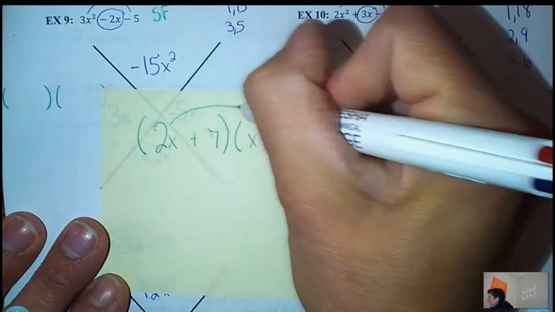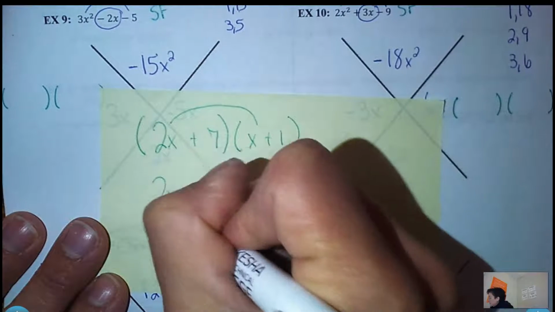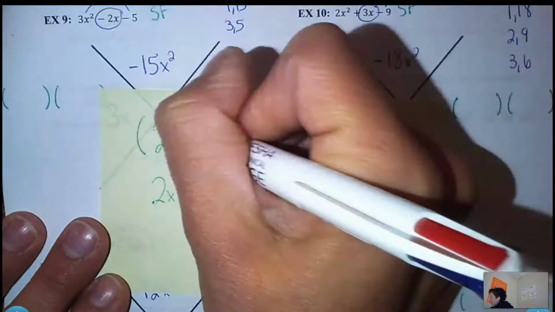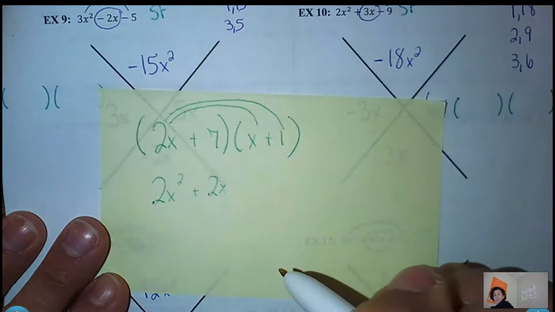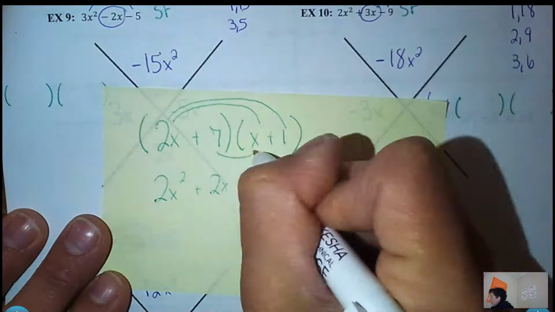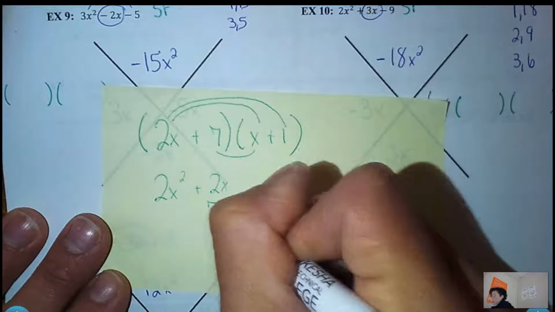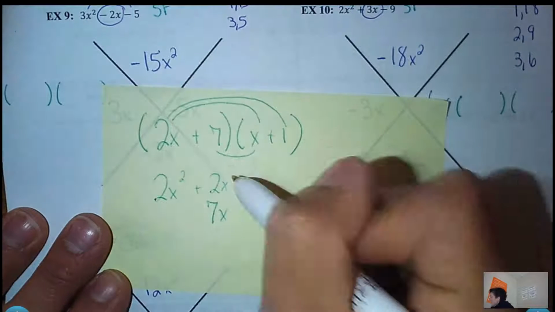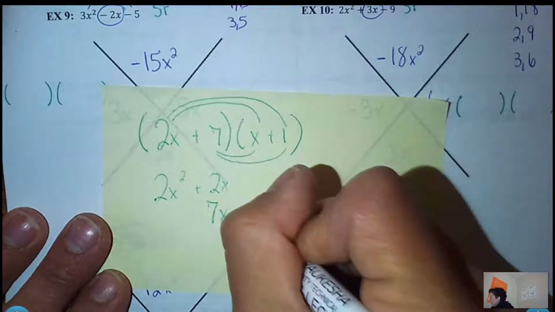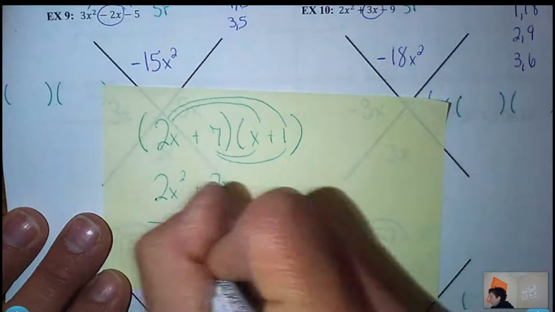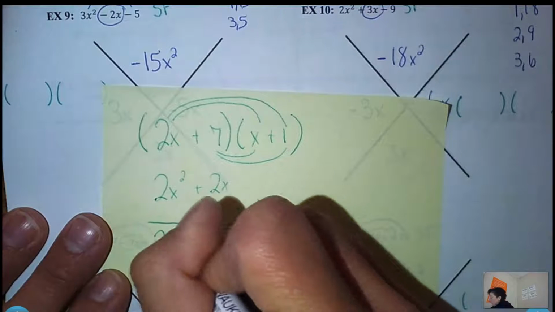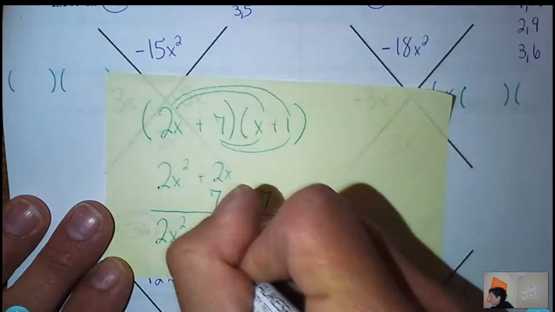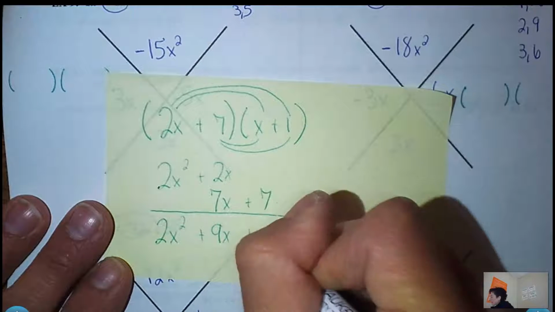So 2x meets x, and we get 2x squared. 2x meets 1, and I get 2x. 7 meets x, and I get 7x. Remember, I'd stack those like terms. And then 7 meets 1, and we get 7.